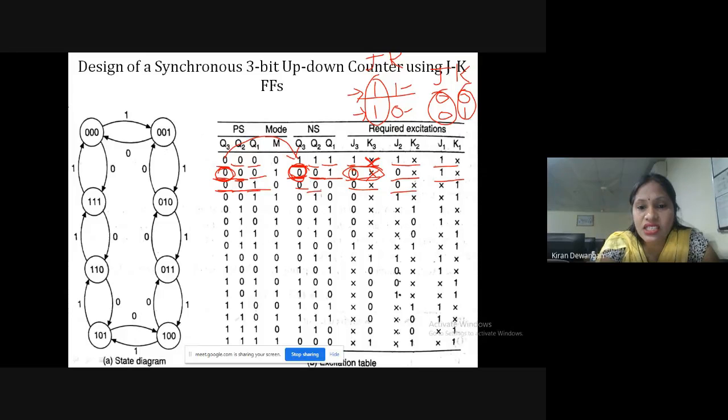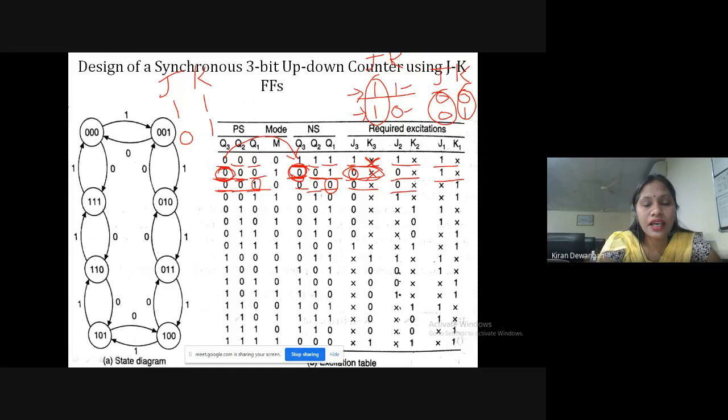Now it is 1 से 0. This one, it is 1. Here it is 1 completely. And this one is 0. So what will happen for 1 to 0? Initially it is 1 and the next state is 0. मतलब ये toggle भी हो रहा है और reset भी हो रहा है. So in the case of toggle, either it is 1 and 1, or else this is 0 and this is 1. मतलब this is either a toggle state or a reset state.